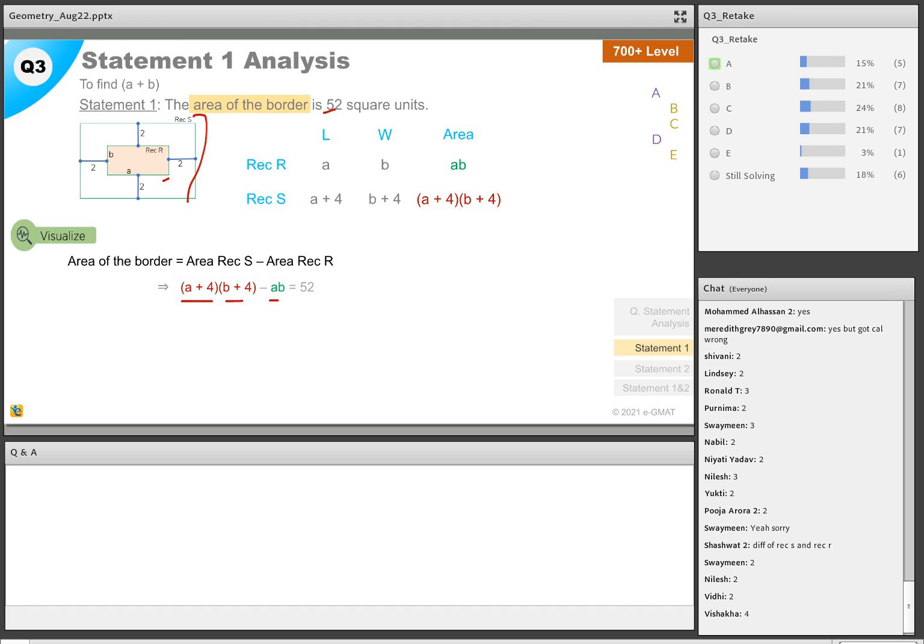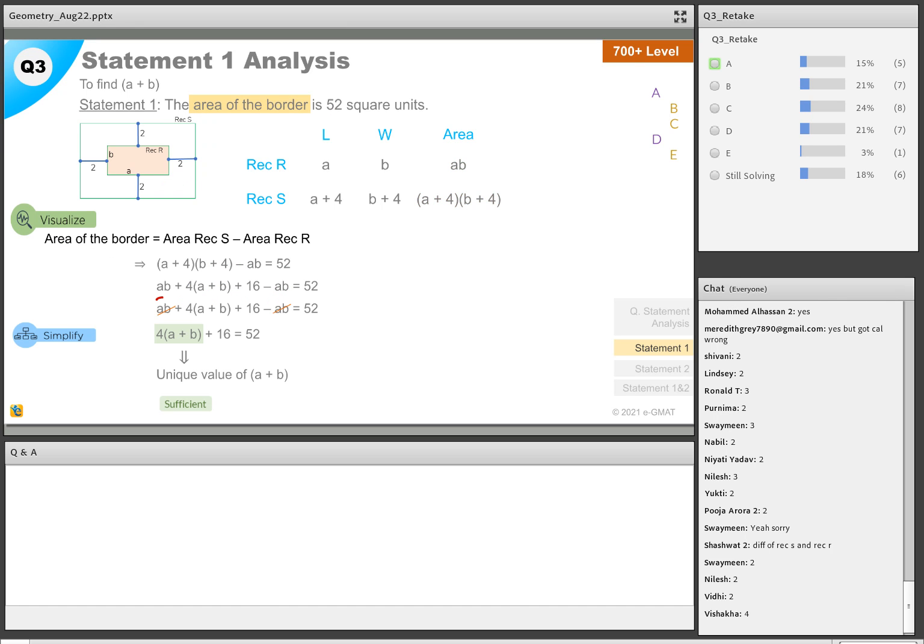Now, if you expand (A plus 4) times (B plus 4), what do you get? You get AB plus 4 times (A plus B) plus 16, and then you have a minus AB as well, which you subtract. This is equal to 52. You cancel off AB from both the sides. You have 4 times (A plus B) plus 16 is equal to 52, or you have the value of 4 times (A plus B) plus 16 is equal to 42.